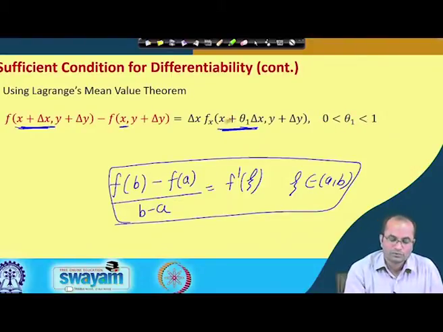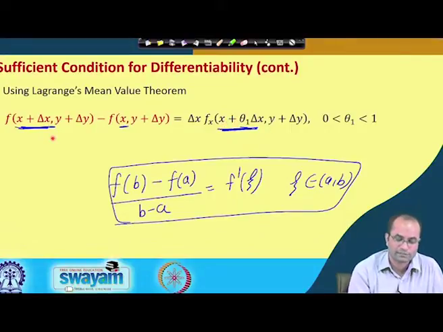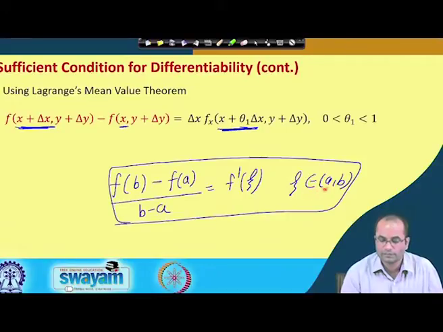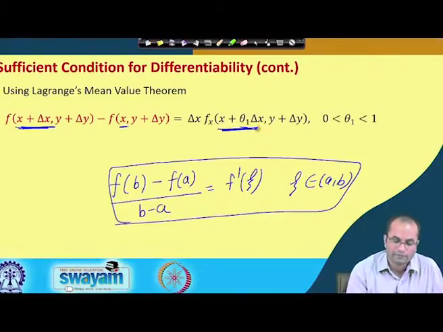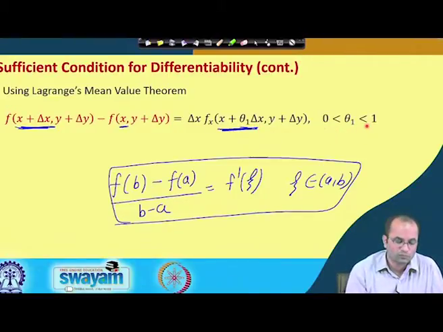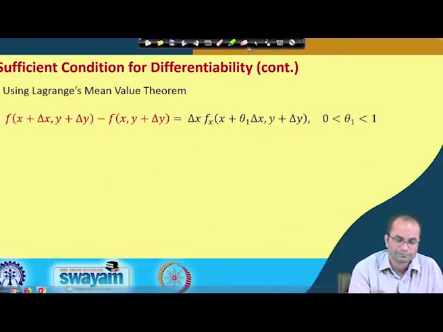When this is close to 0, the argument is close to x, and when this is close to 1, it goes to x plus delta x. So exactly what xi was doing in the open interval (a, b), we have this argument x plus theta 1 delta x for theta 1 between 0 and 1. So, we have the Lagrange mean value theorem now.